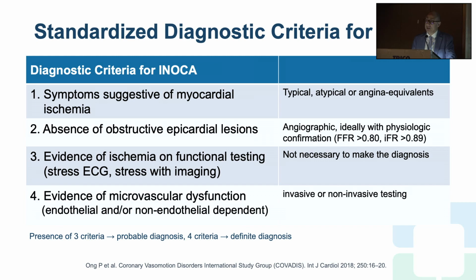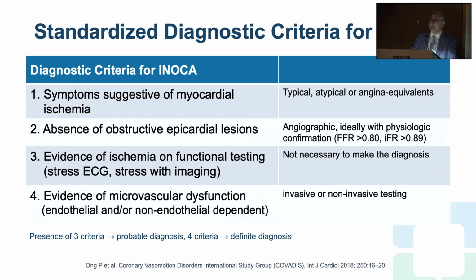They have evidence of ischemia on functional testing, like a stress test or a nuclear scan, and they have evidence of microvascular dysfunction, which we can study in the Cath lab or by PET scans. These patients don't always have very typical exertional or effort angina, but they have features of angina in their history, and it's really important to take a good history from them.